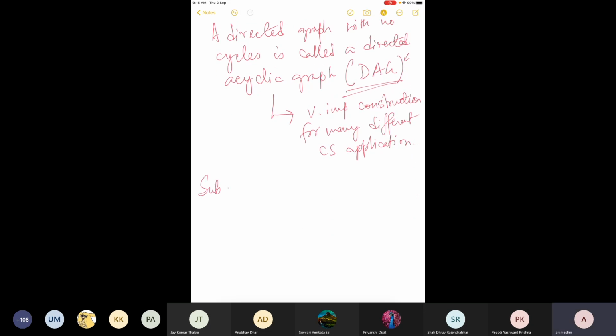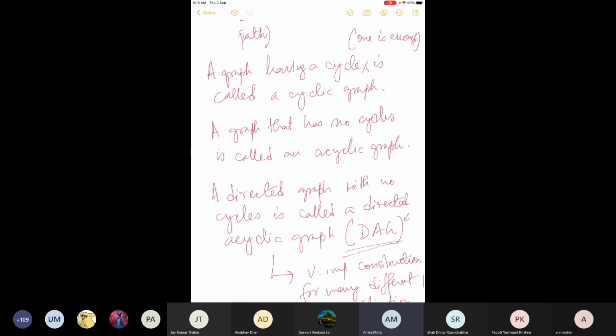Subgraph. In the definition of path, we learned that it is an open walk. So how do we define a cycle as a closed path?